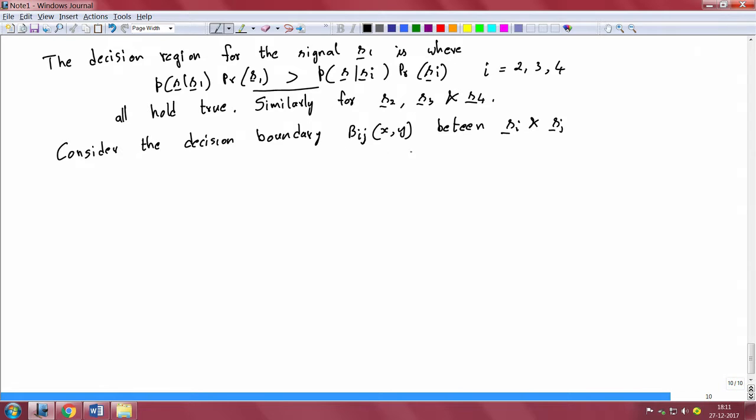So, essentially this Bij of x, y forms a decision boundary.